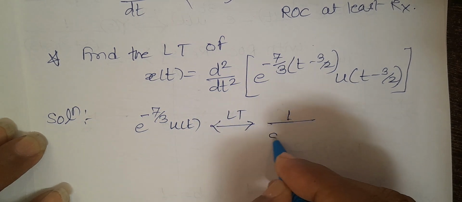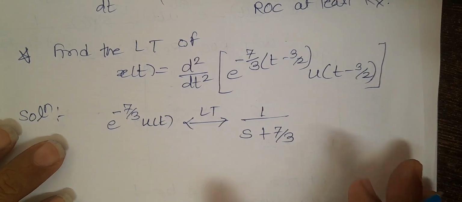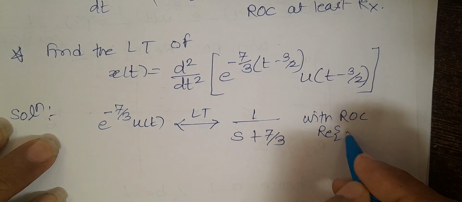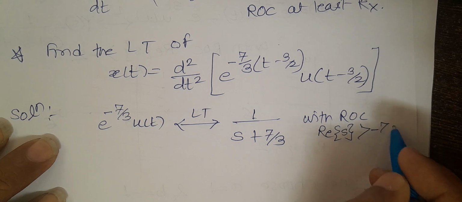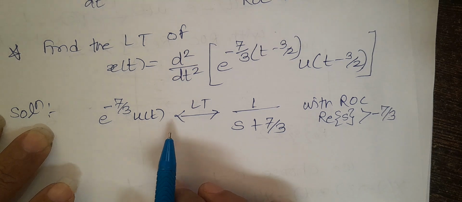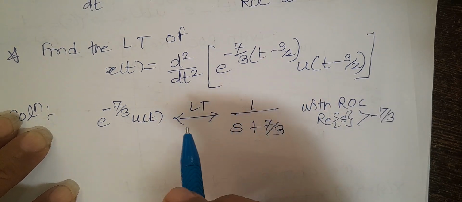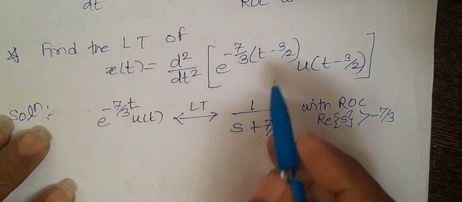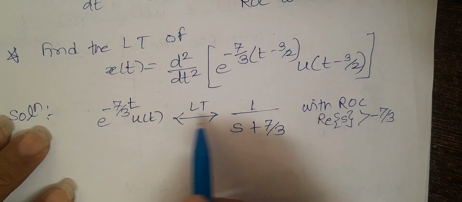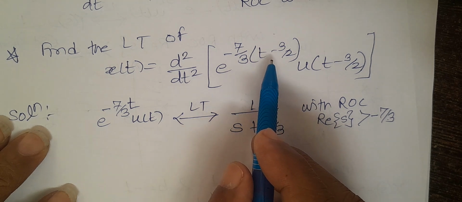It is 1 over s plus 7/3, with ROC real part of s greater than minus 7/3. This is the Laplace transform of this function. Now there is a time shift.